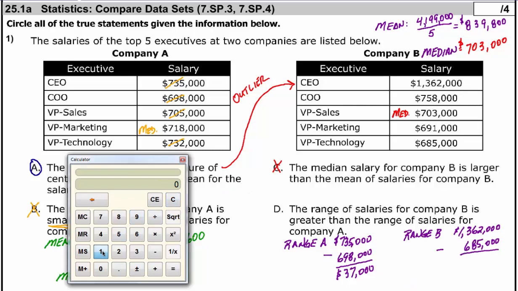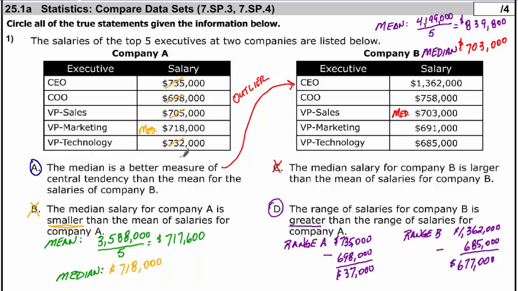So clearing our calculator, 1,362,000 minus 685,000 equals $677,000. The range for Company B is greater, and yes, that's true, it is greater.